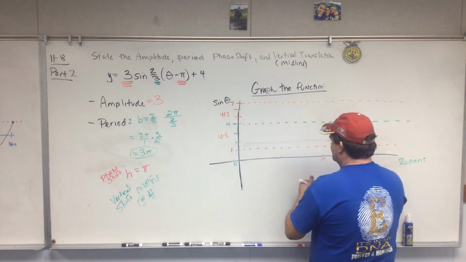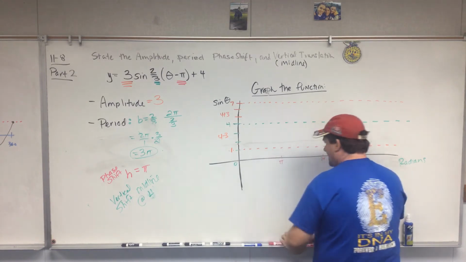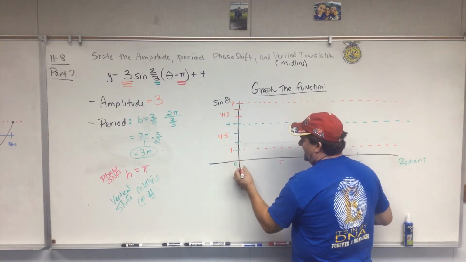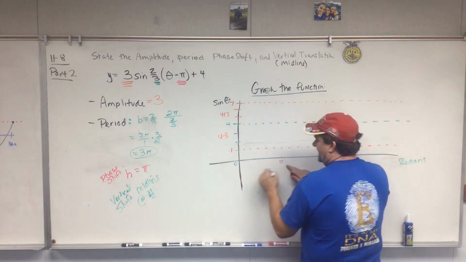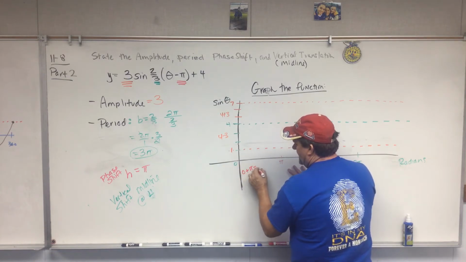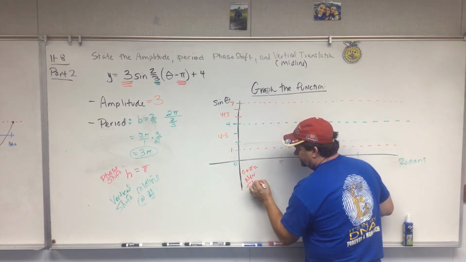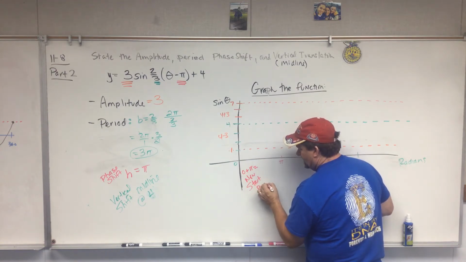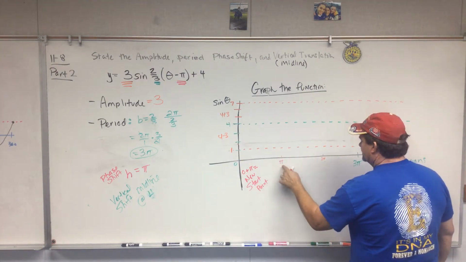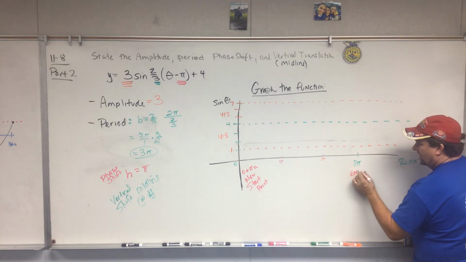If this is pi right here, in red, my starting point's normally at 0, but now my starting point is at pi because 0 plus pi is my new starting point. So my new starting point's here.